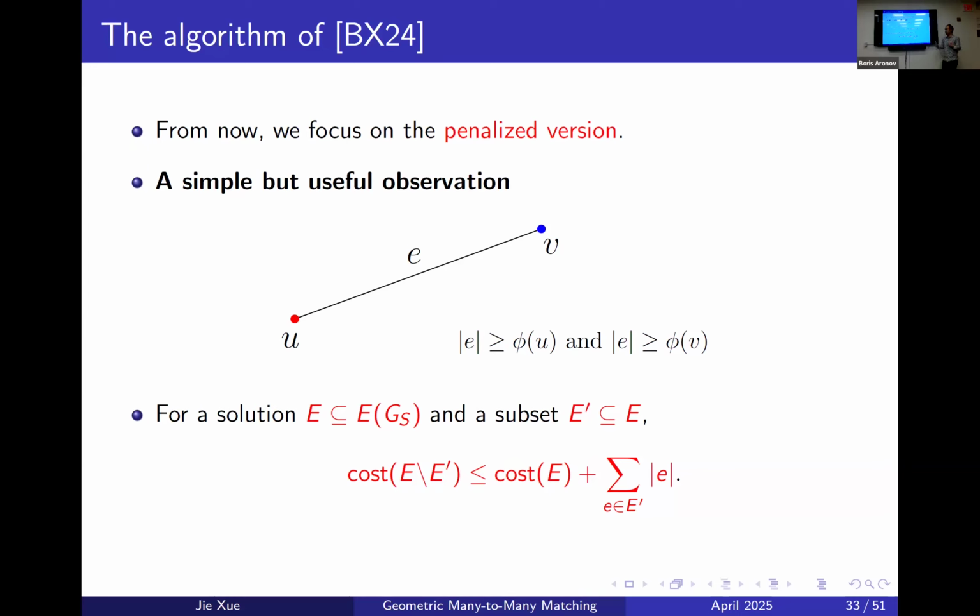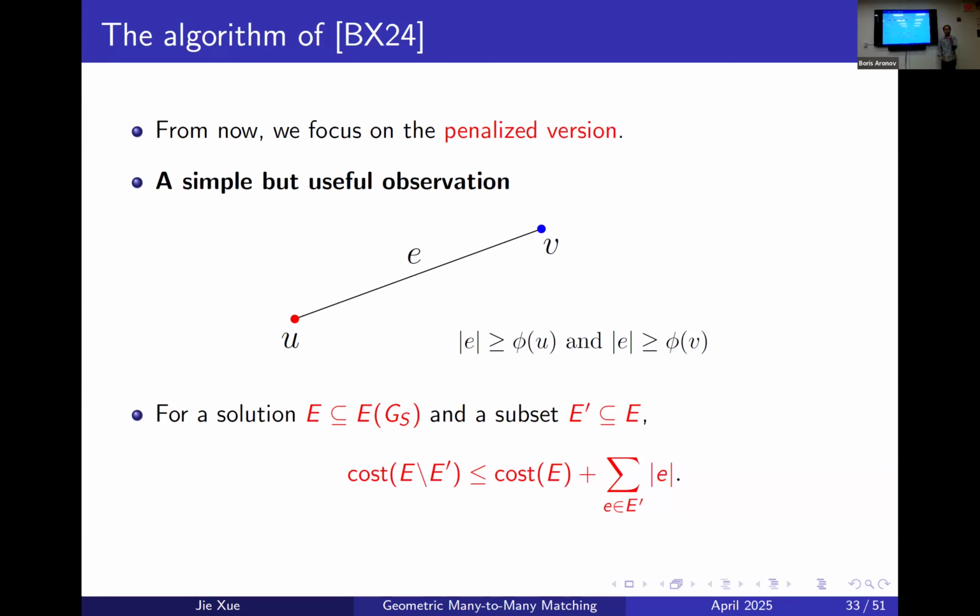However, if you look at every edge in E prime, say this is one edge in E prime, if you remove it, the cost decreases by the length of E. And in the worst case, you need to pay for the penalties of U and V. But both of these penalties are at most E. So that means the penalty you pay is at most 2 times E.